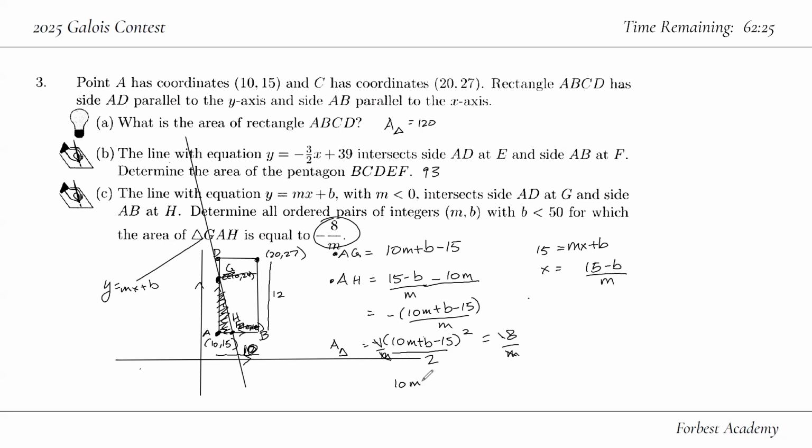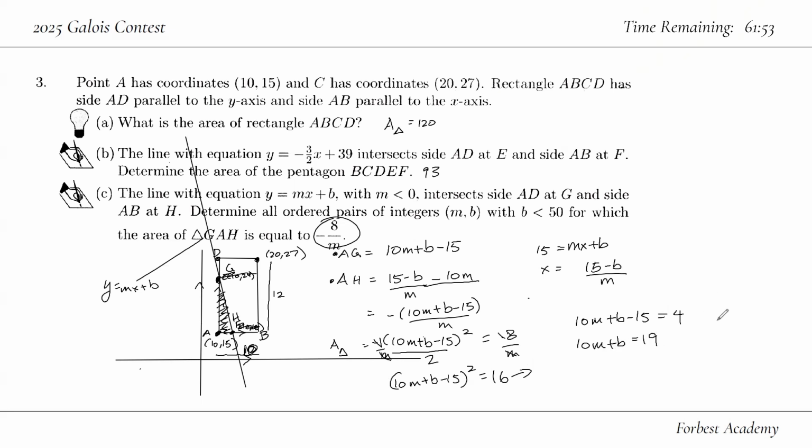So we have 10m plus b minus 15 all squared is equal to 16, because of multiplying the 2 by the 8. And notice that this is just equal to AG, which is positive. So even though the solution to this is that the left side is plus or minus 4, we can disregard the negative answer. And then we have 10m plus b is equal to 19.